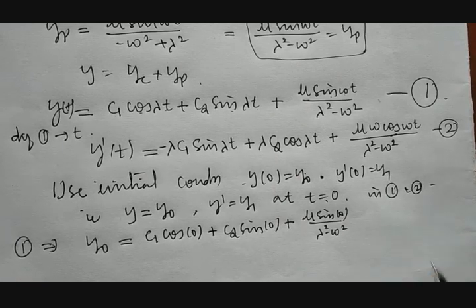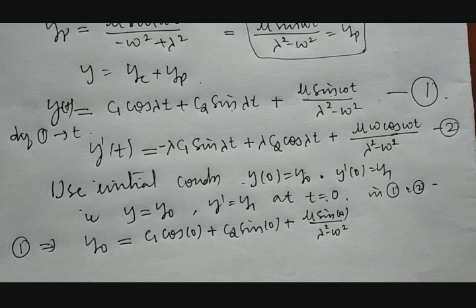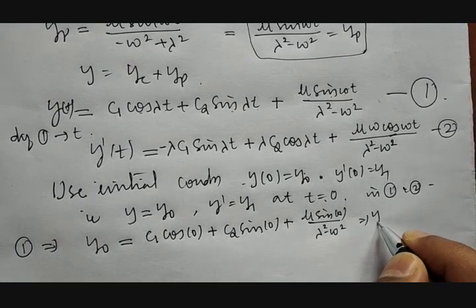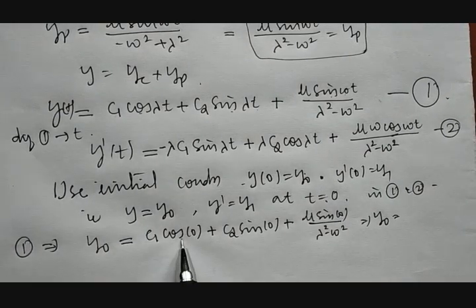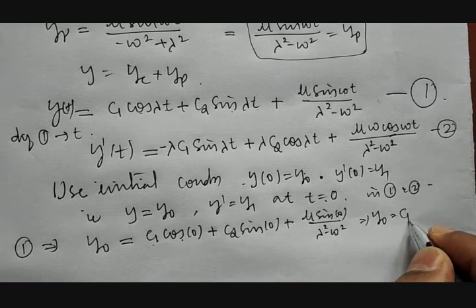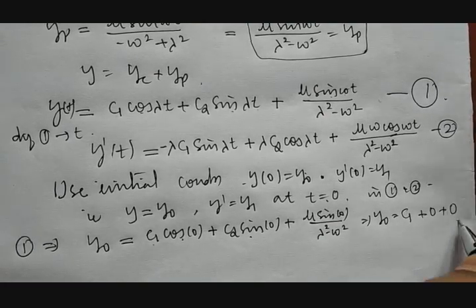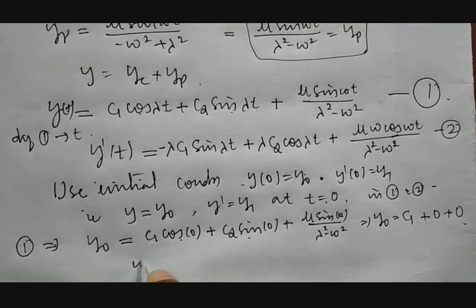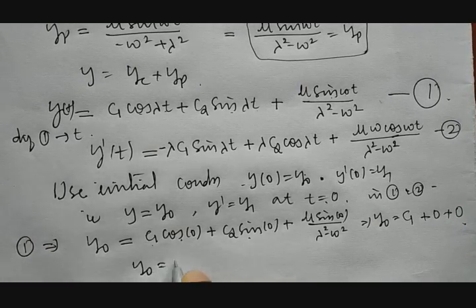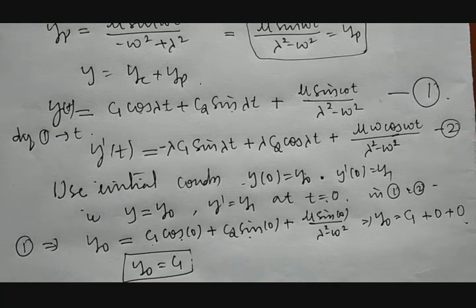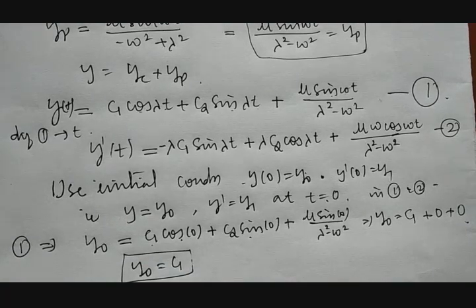You can see here y naught is equal to, cos 0 is 1, so C1, sin 0 is 0, again sin 0 is 0. Therefore y naught is equal to C1, means C1 is equal to y naught.